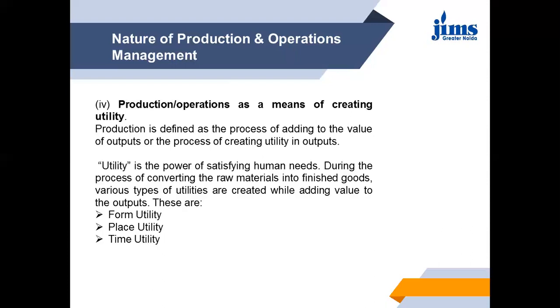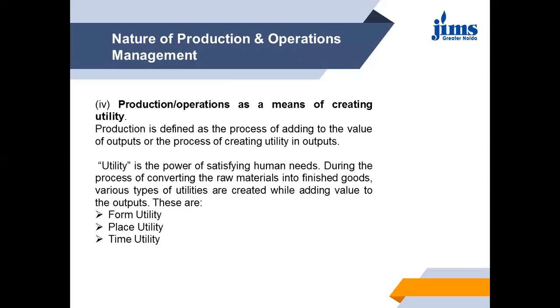So this place gap or geographical gap is bridged by place utility, taken care of by the transportation function of production and operations management. Then we talk about time utility, which is actually created by the warehousing function of production and operations management.